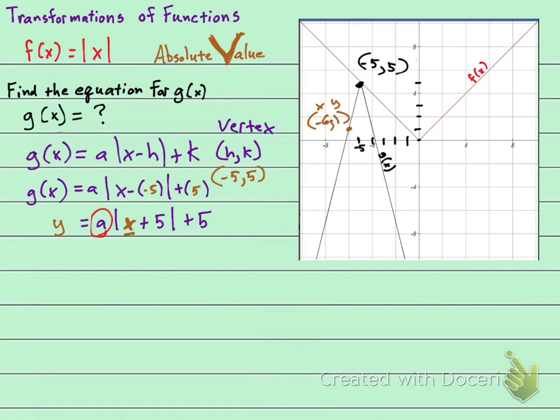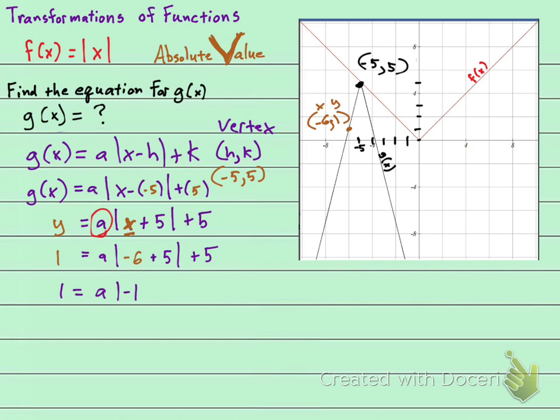y, for this point, is 1, equals a|x|, x is -6, plus 5, absolute value, plus 5. All right. Now, one unknown, one equation. I need to solve for a. I have 1 equals a|-6 + 5| + 5.